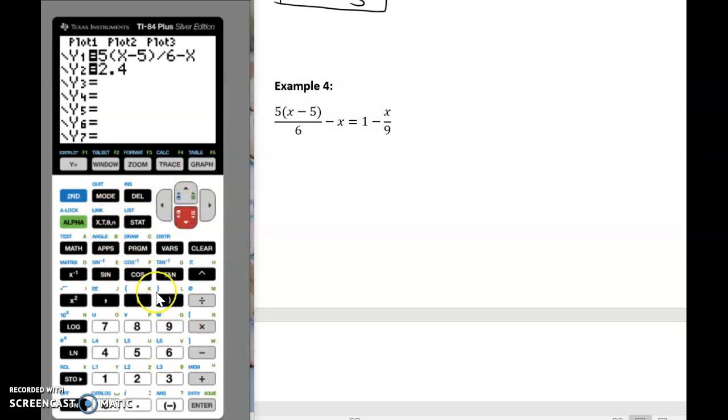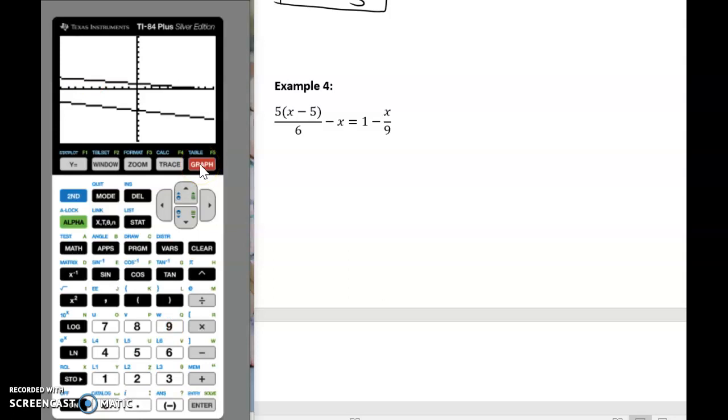Now on the right side, we see 1 minus x over 9, so that's x divided by 9. And we graph it.